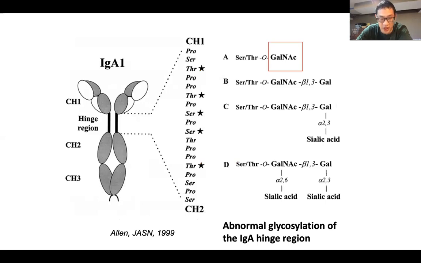So the pathophysiology, you don't have to know all that much about it, but you have abnormal IgAs circulating in your body, and you get glycosylation of the hinge region of IgA, which ends up causing the disease. Now, there's a lot of talk about multiple hits causing this. Sometimes it's a genetic abnormality on top of some kind of environmental insult.